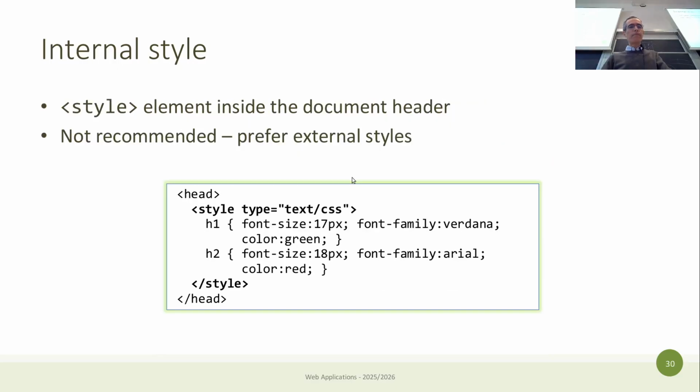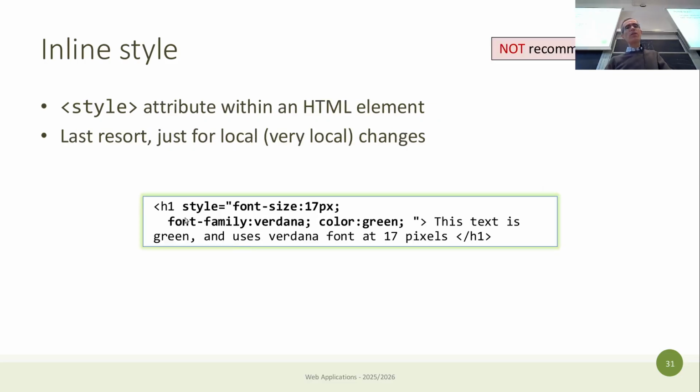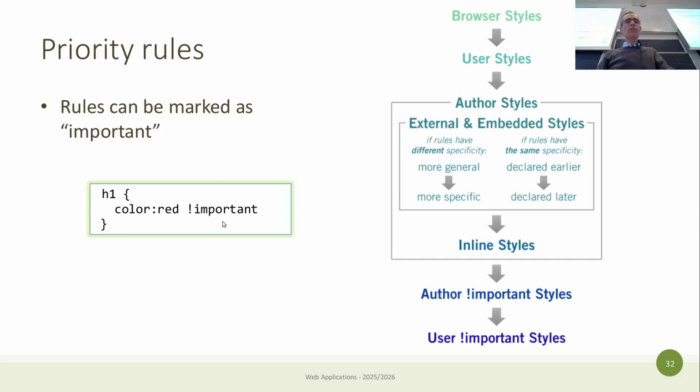Okay. We can have the internal style, so open a style tag directly in the header, but again, not so much recommended, or use the inline style attribute. Note that in this case, there is just the rule, not the selector, because we are inside the tag, so it applies only to that tag. Okay? That's the only thing we need to know here.